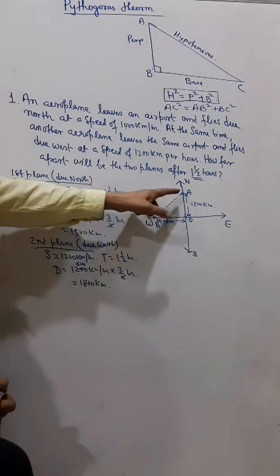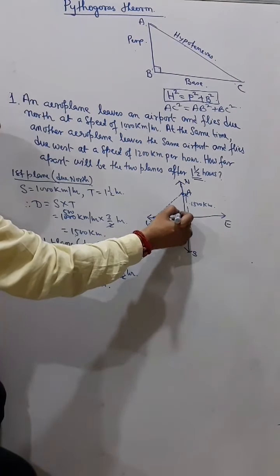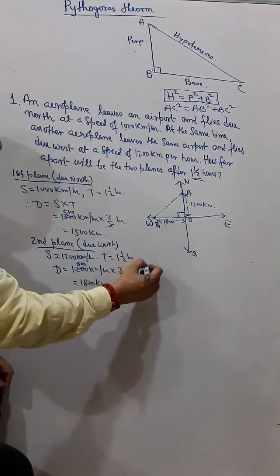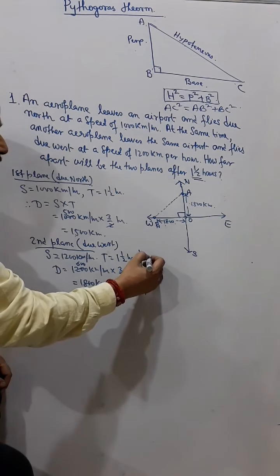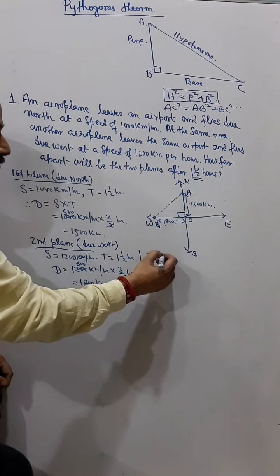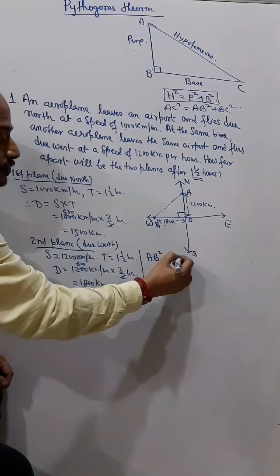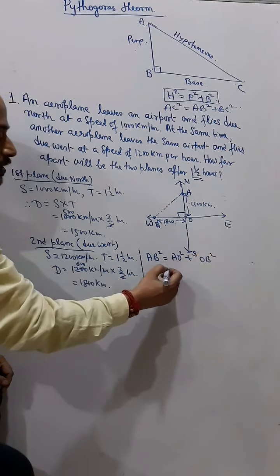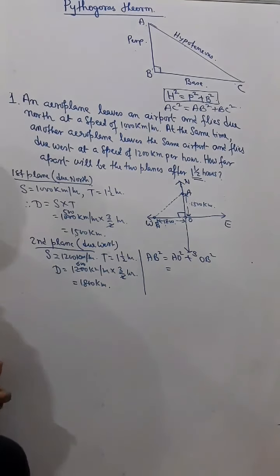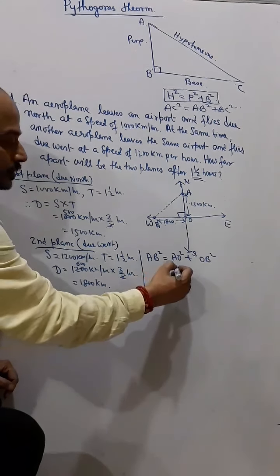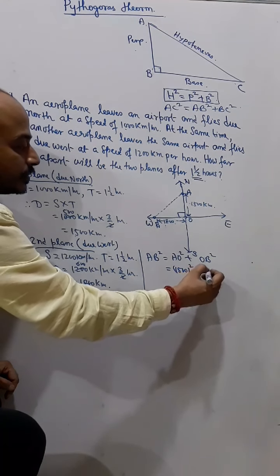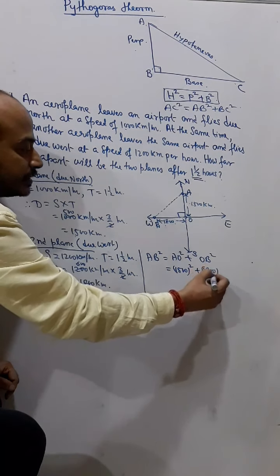So we have to find the hypotenuse. This is 90 degrees, so simply we have to find the hypotenuse. Therefore, we can say AB square is equal to AO square plus OB square. So that is 1500 square plus 1800 square.